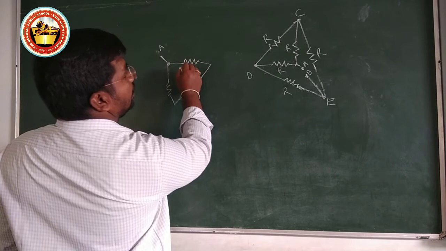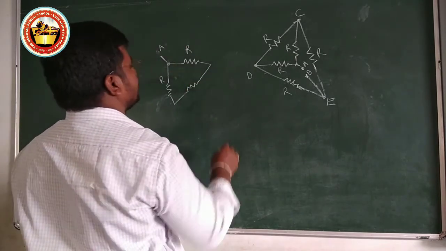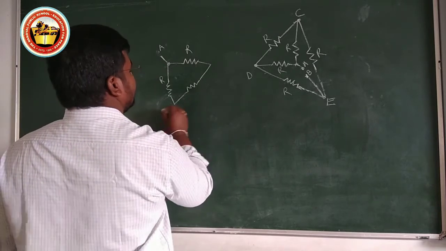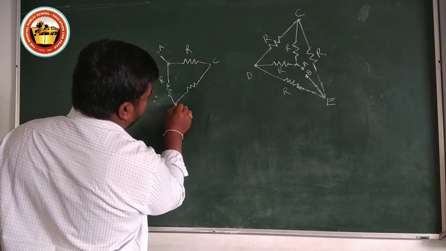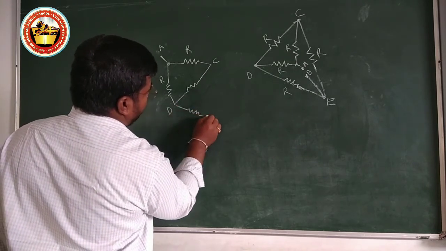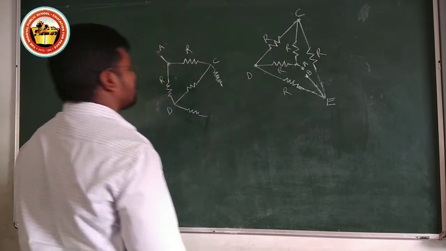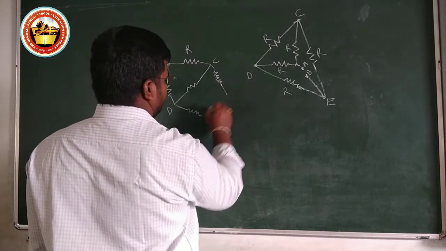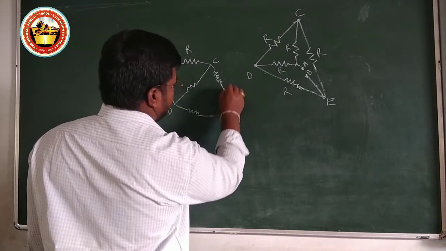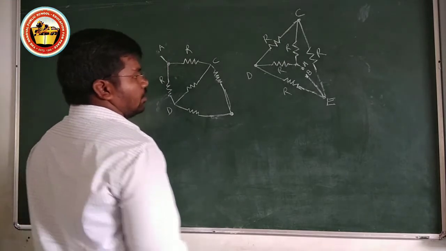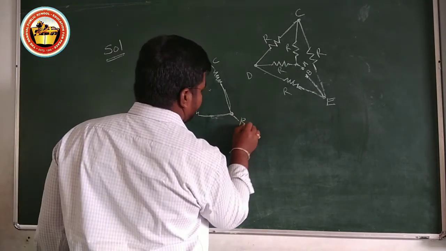Remaining here same R, here B, C. So this is B.